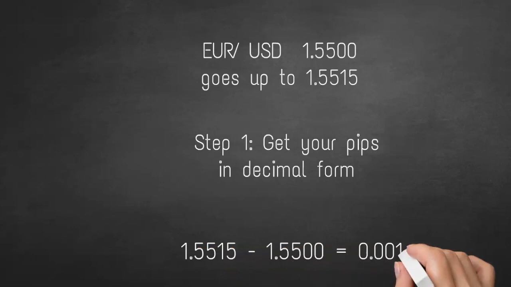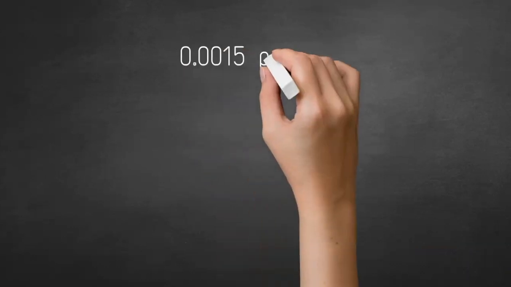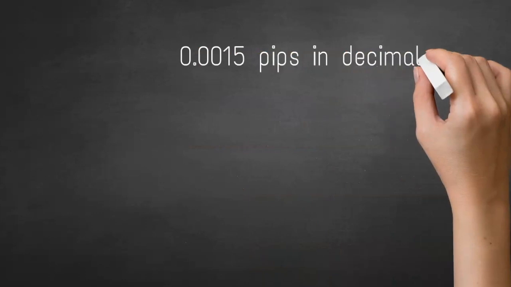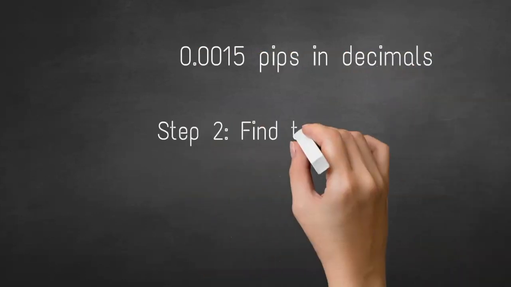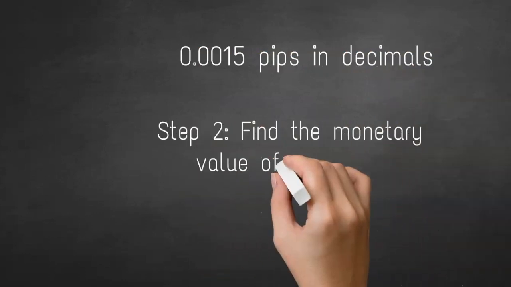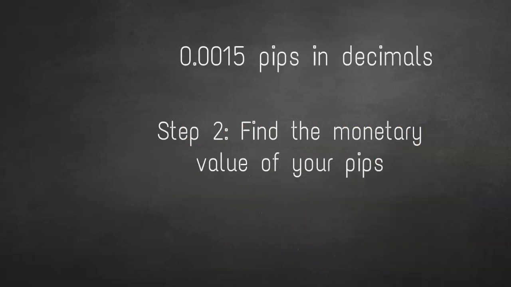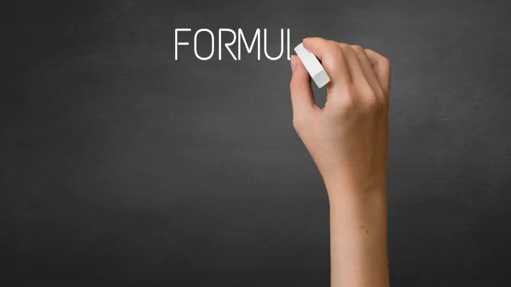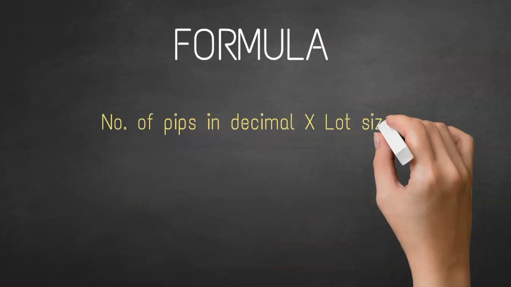You'll just do it as we learned in our previous slide. Step 2, find the monetary value of your pips. We're going to use the formula we learned in our previous slide.